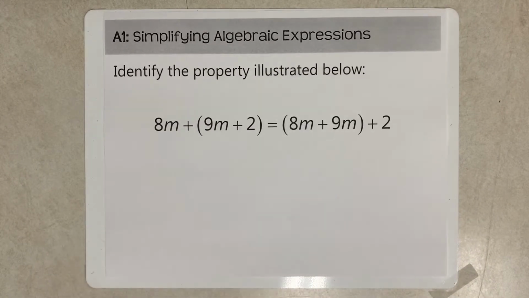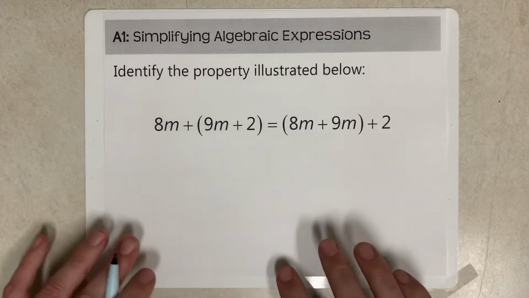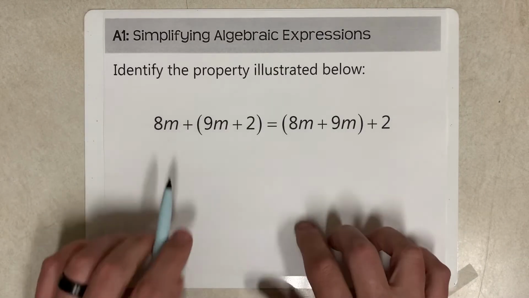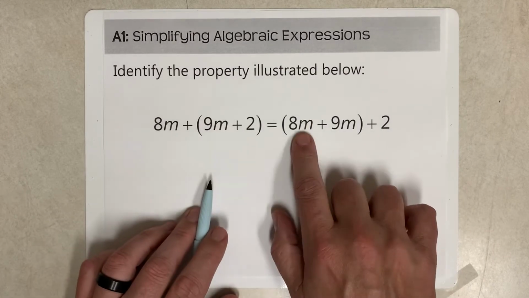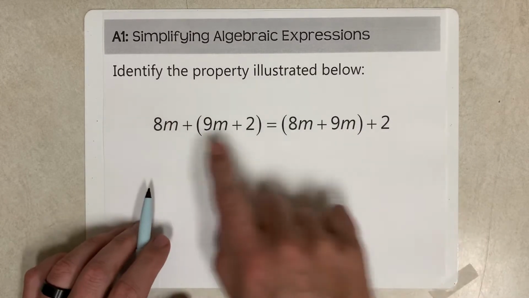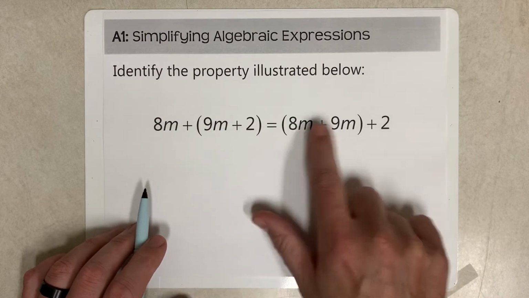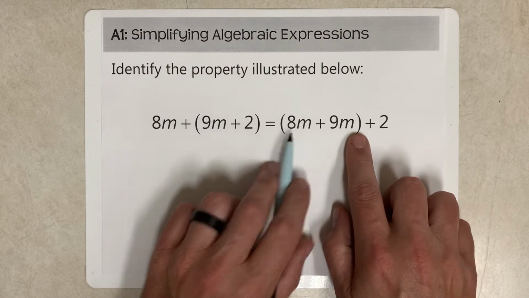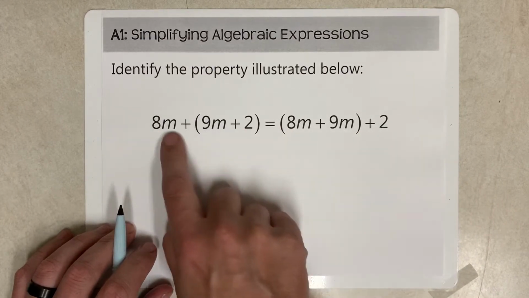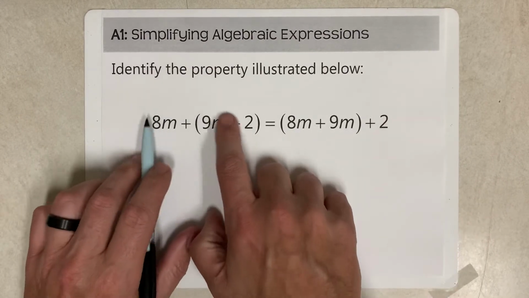All right. Here we have another one. These are kind of difficult. These are usually found in the course tests, not the usual ones you see in class. This time you have 8 plus (9 plus 2), and you have (8 plus 9) plus 2. So the order of these three with addition is the same on both, but the parentheses have been moved in front of these two. The sum is still going to be the same on both sides because all you did was group them differently.